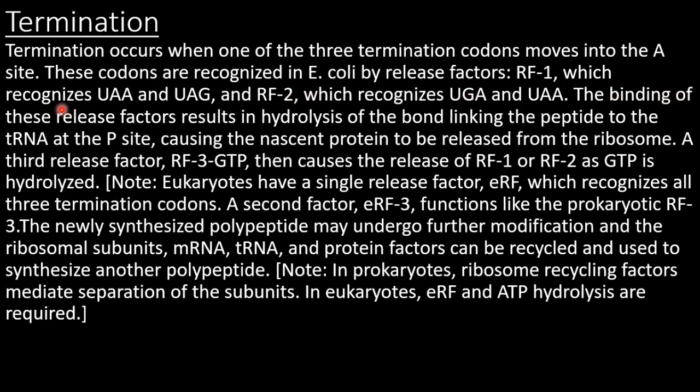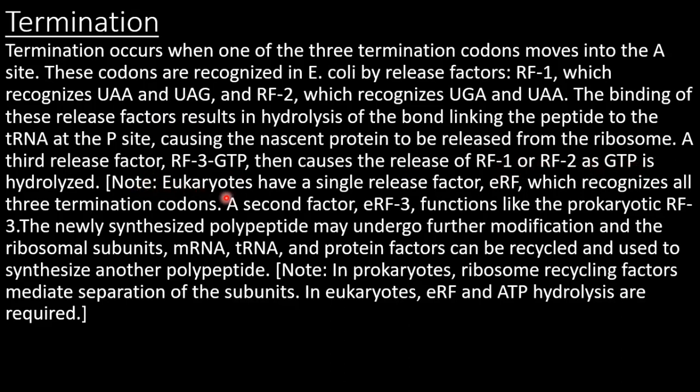Now, the binding of this release factor will result in the hydrolysis of the bond linking the peptide to the transfer RNA at the P site. This will cause the newly formed protein to be released from the ribosome. Then, a third release factor known as release factor 3, GTP, causes the release of these release factors, as GTP is hydrolyzed.